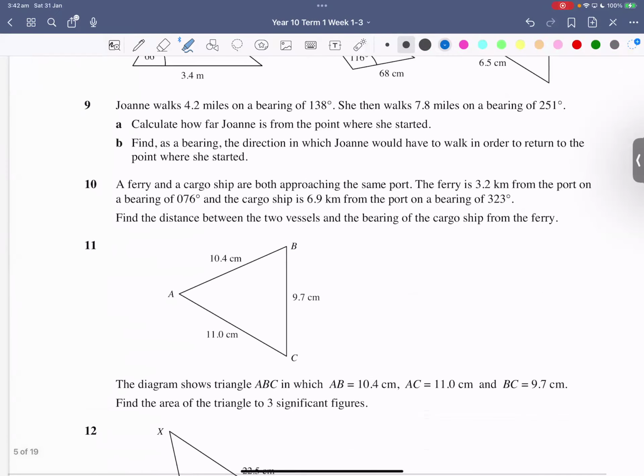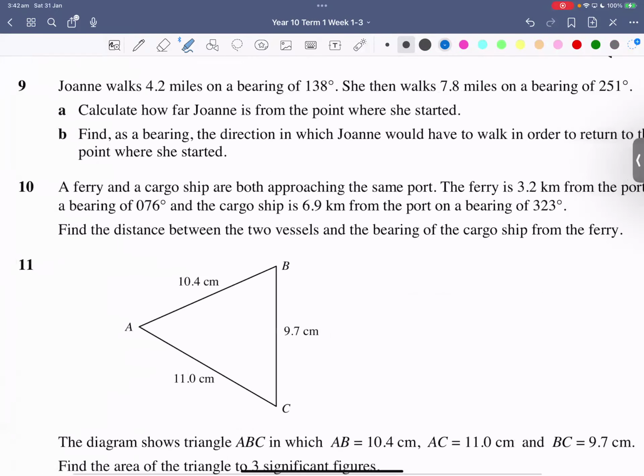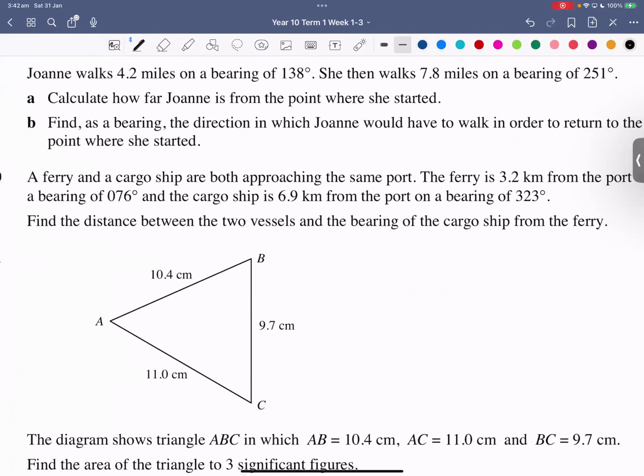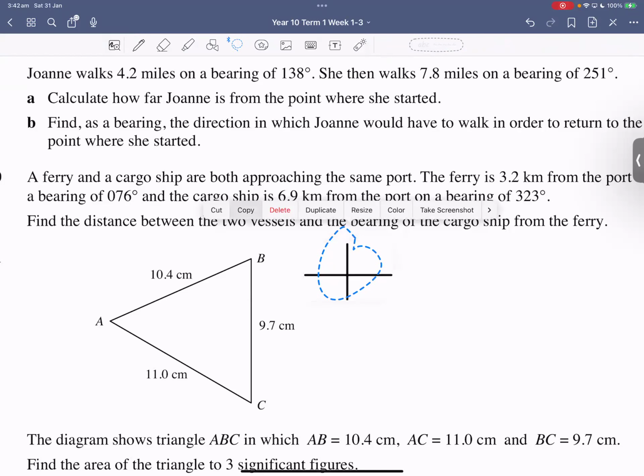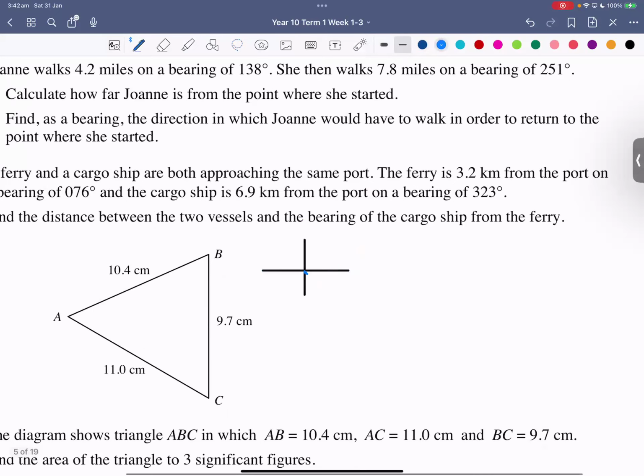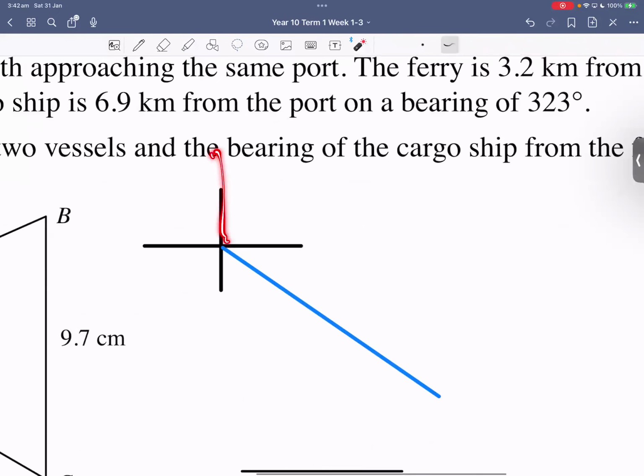Joanne walks 4.2 miles on a bearing of 138 degrees. So she does this. This is such a vanilla question, yeah? Students that have been with me for a while, students that have been to school should know that bearings start from north.